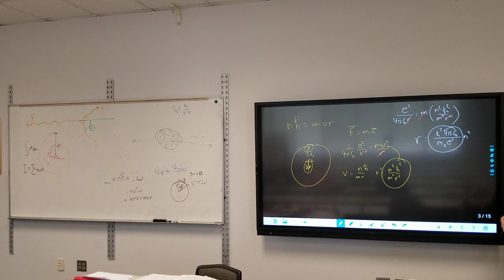Let's just whip out the calculation quickly. So h bar squared, 6.626 times 10 to the negative 34th over 2 pi, times 4 pi times 8.85 times 10 to the negative 12th, divided by mass of the electron, 9.11 times 10 to the negative 31st, charge of the electron or proton, 1.6 times 10 to the negative 19th squared.